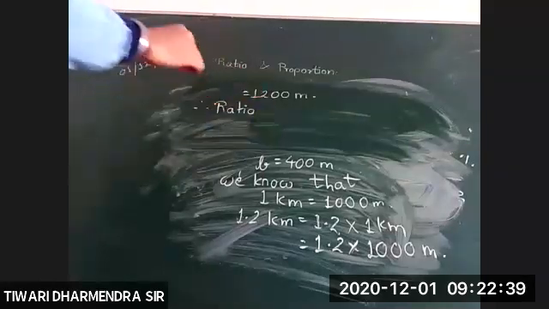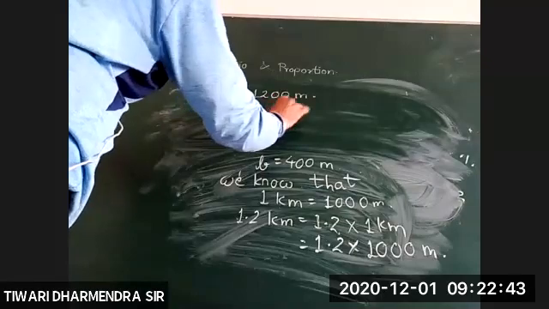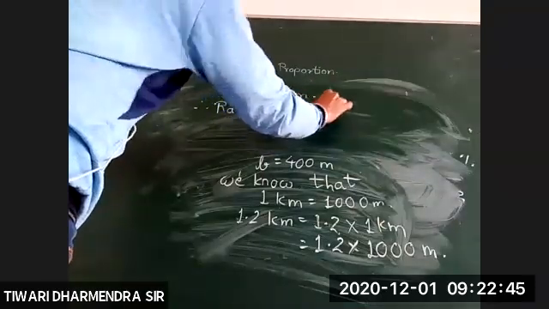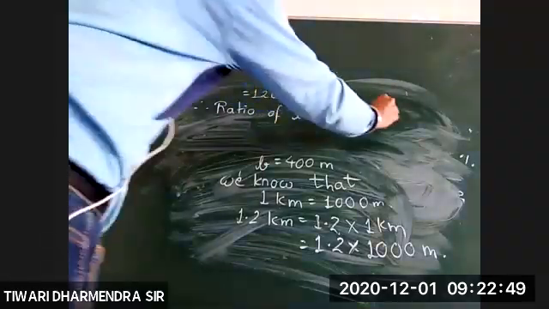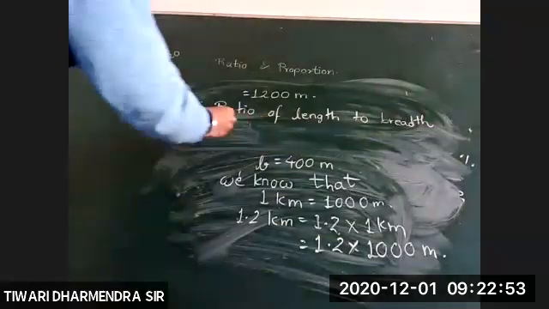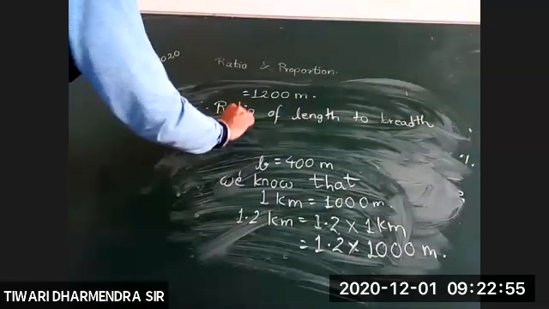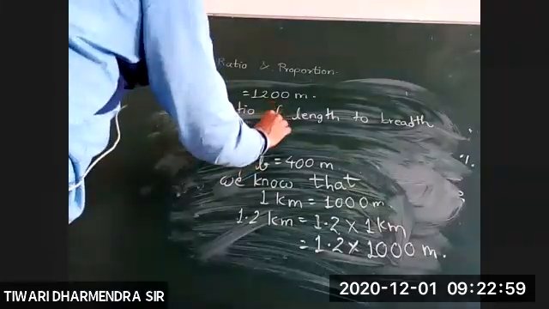Therefore, ratio of length to breadth, l is to b is equal to, what is length?